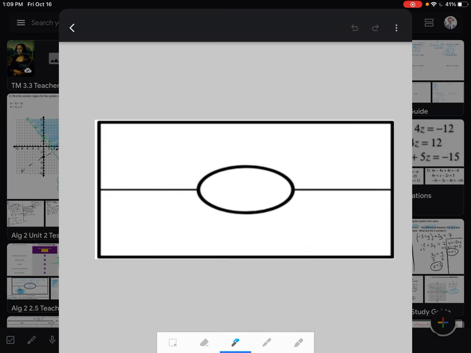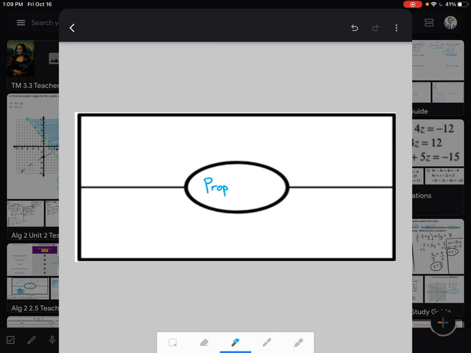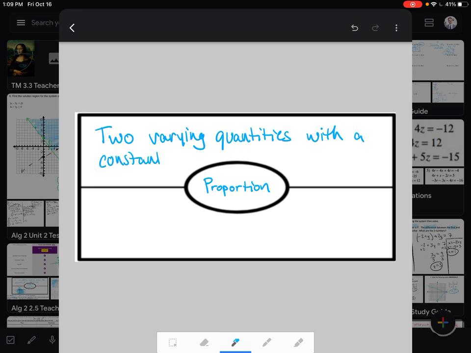A proportion is when you have two varying quantities with a constant ratio. What this means for us is, like we were talking about in the last video, miles per hour.